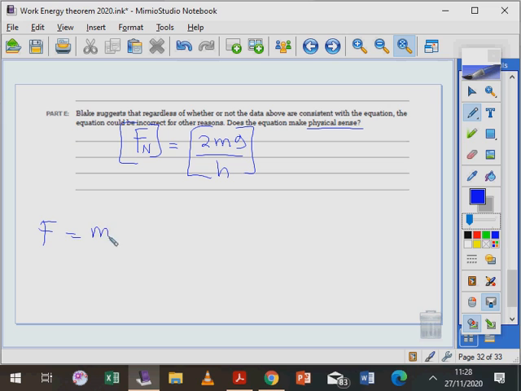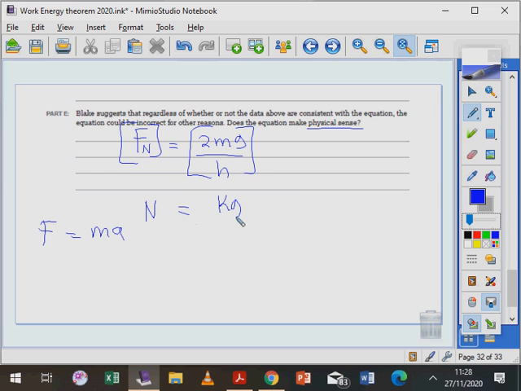If I write an equation like F equals ma, I know the units of force are newtons, and I expect this side should also give me newtons. So check if the units are consistent. I know normal force is a force, so the units are newtons. Let's check if this side is also newtons.